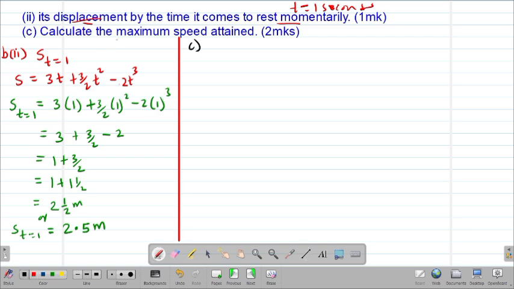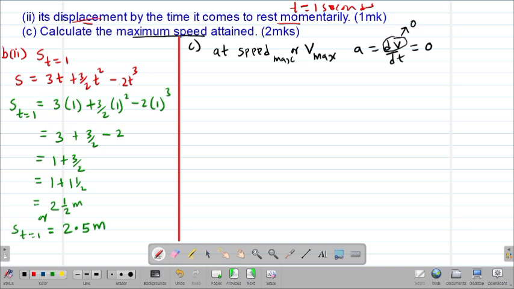Then we look at part C of the question. We are told to calculate the maximum speed attained. Remember, we had already said that at maximum speed, which is also called V maximum, the acceleration, which is dv/dt, must always be equal to 0, because there is no change in velocity.